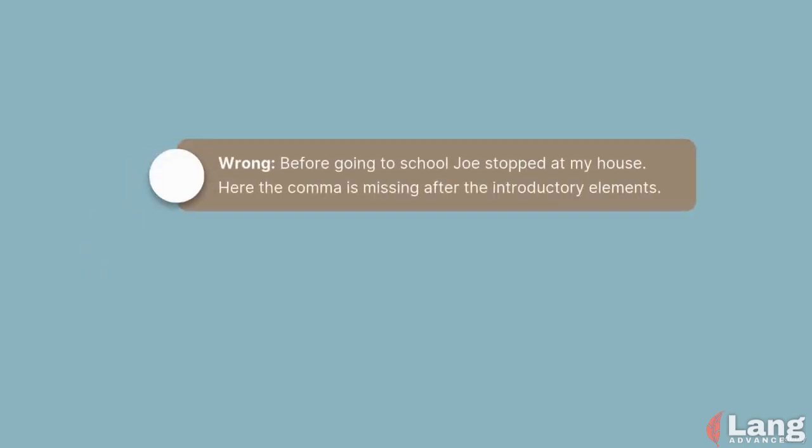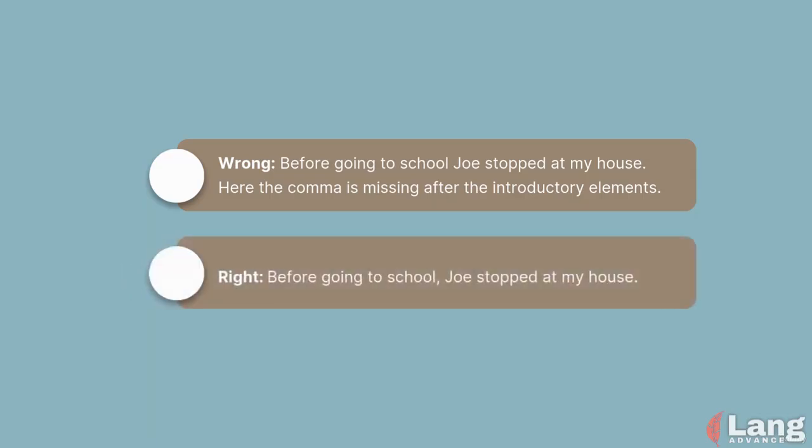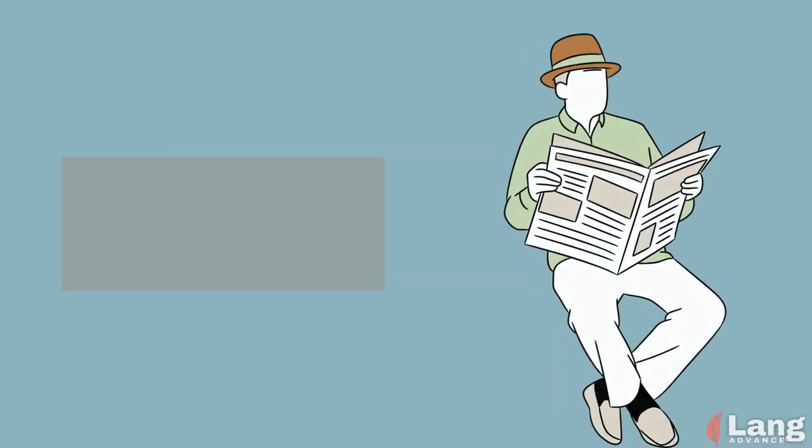Wrong. Before going to school Joe stopped at my house. Here the comma is missing after the introductory element. So the right one is: Before going to school, Joe stopped at my house.